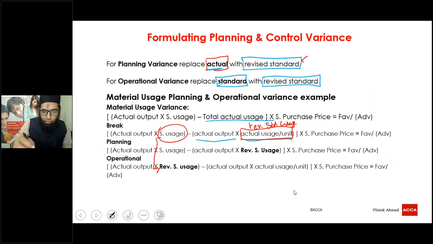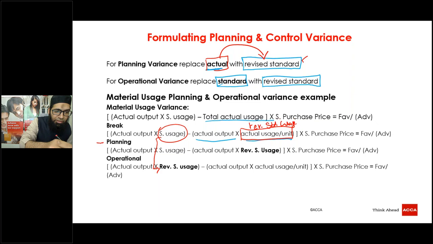No, I have done it correctly. So if I replace actual with revised standard, that's what I have done in planning variance. You have seen that my difference will be between standard usage and revised standard usage. So this is the planning variance, not the operational one.